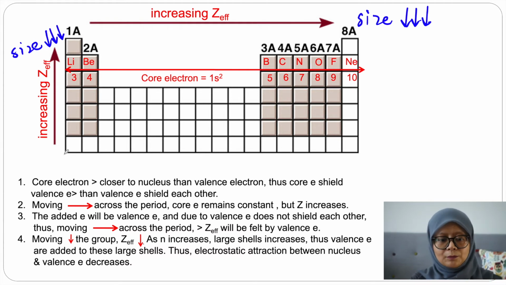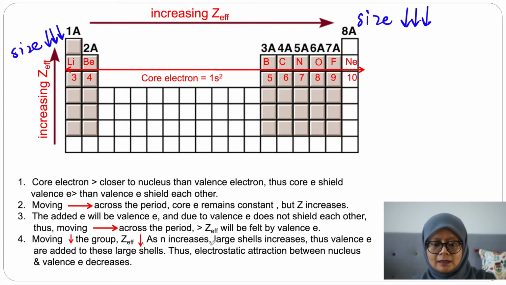Other than that, when we move down the group from top to bottom, the Z effective decreases because the number of orbitals increases. So when we have a large number of orbitals, what happened to the size?